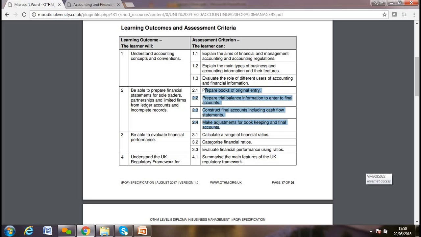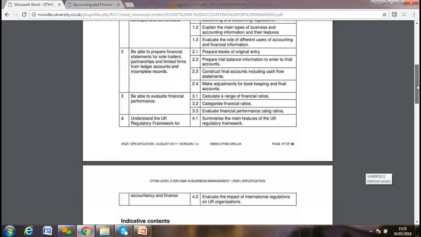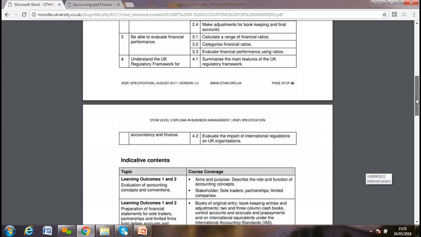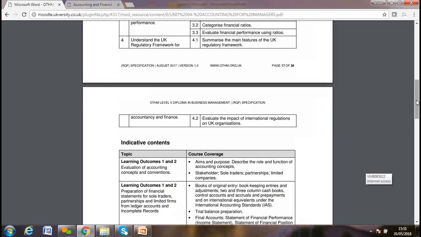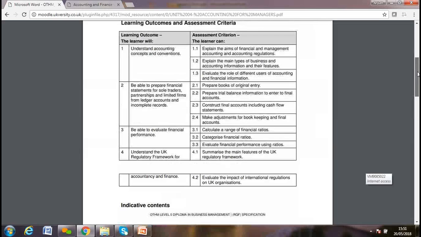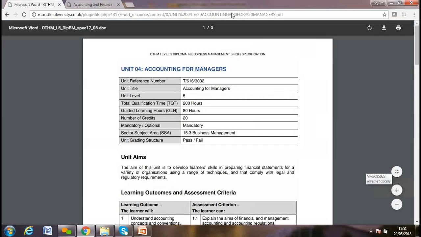That next lesson will address our LO2, and then we'll move to LO3, which is ratios, and LO4. We'll try to summarize everything in lesson 4, and I'll go through the assignment brief further as well. Okay, so that's all for today.